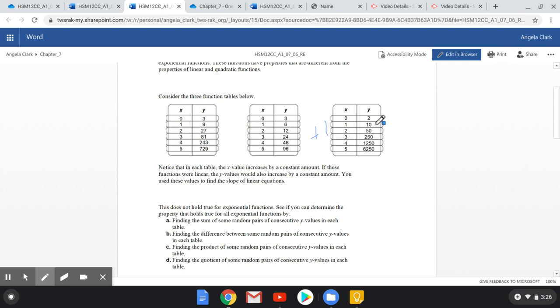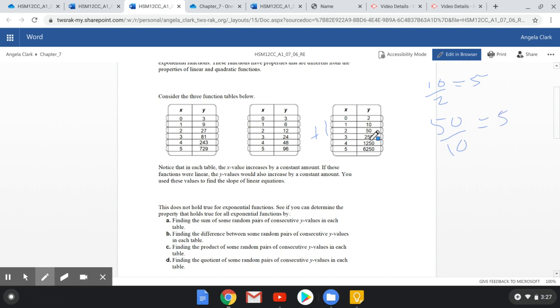To do that, we're going to divide the later one by the previous one each time. So for the first one, that's 10 divided by 2, which is 5. Then for the second pair, that's 50 divided by 10, which is 5.